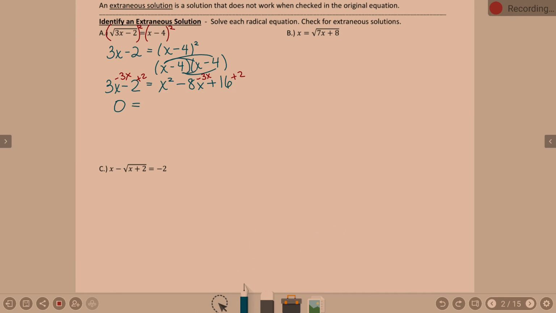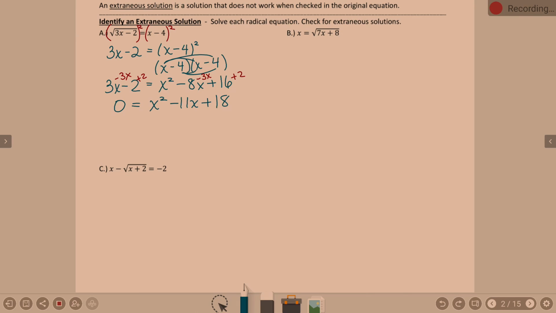If done correctly, your left should be 0. On the right, let's see what do we have. X squared. We had minus 8x, and now we're subtracting 3x, and that makes it minus 11x. We had plus 16, now we're adding 2, and so now we have plus 18. Well, okay.